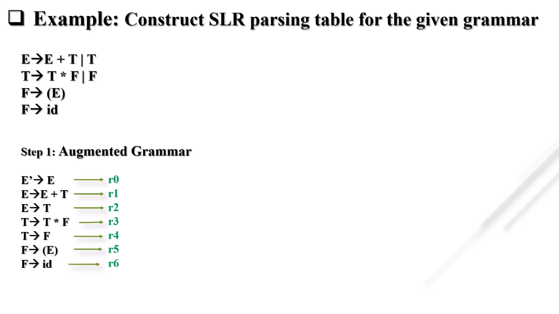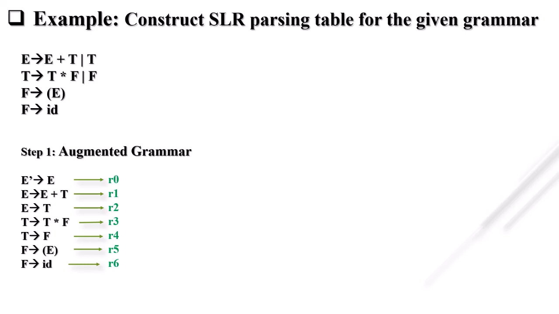Suppose I separate E tends to E plus T here, then I separate E tends to T, then T tends to T star F, then T tends to F. Okay, so as I told you earlier, in bottom up parsing we do not have to perform left factoring and left recursion on the grammar. So we are not performing left recursion and left factoring.